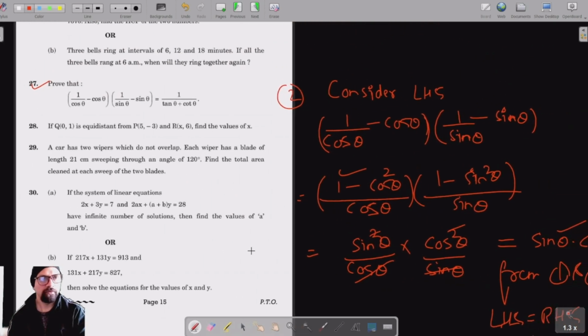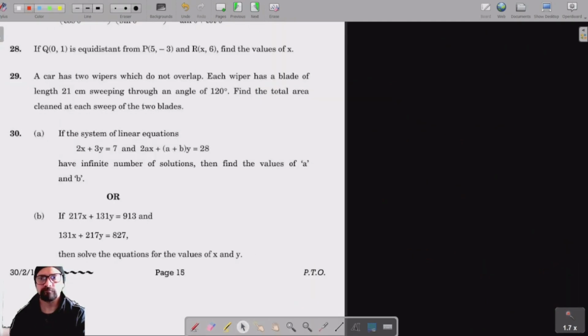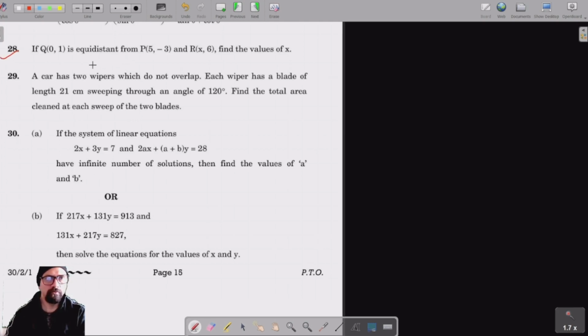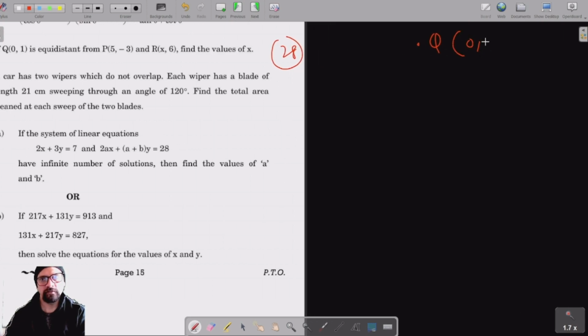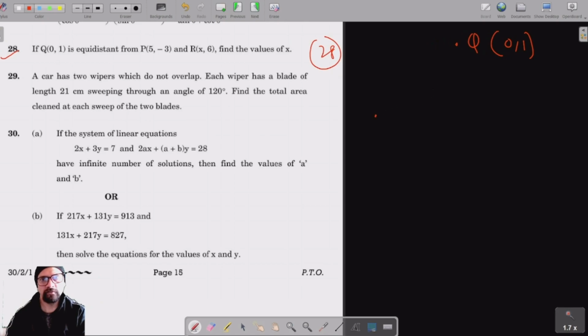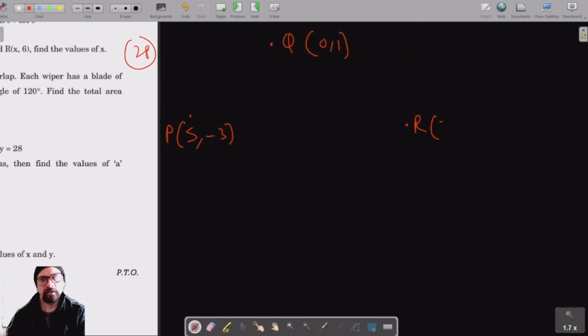Let's move on to question number 28. It's given that the point Q, which is (0, 1), is equidistant from P (5, -3) and R (x, 6).